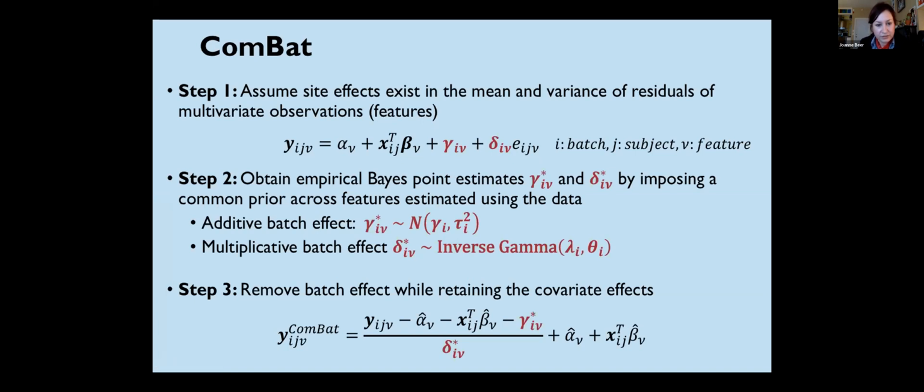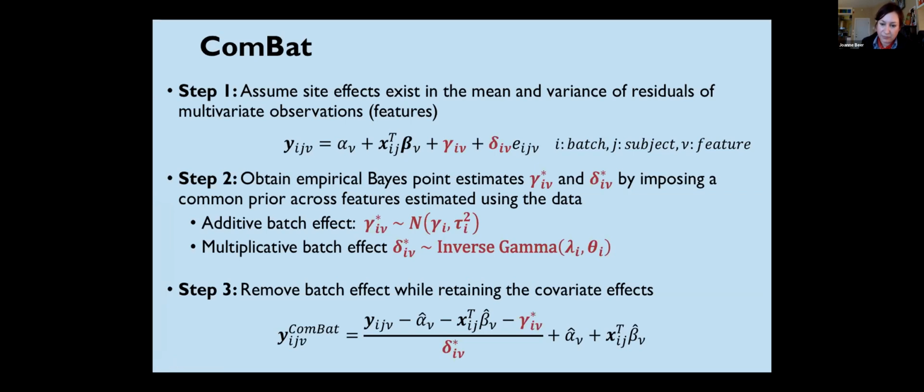And we impose priors on these batch parameters. So we assume that this gamma, the additive batch effect, is coming from a common normal distribution across features for batch i. And for the multiplicative batch effects, we can assume that it's inverse gamma distributed.